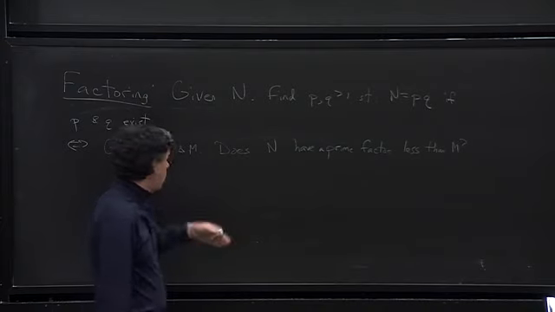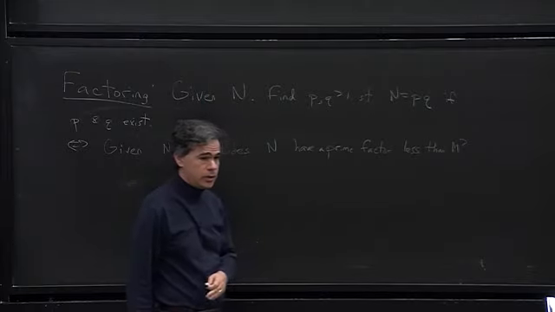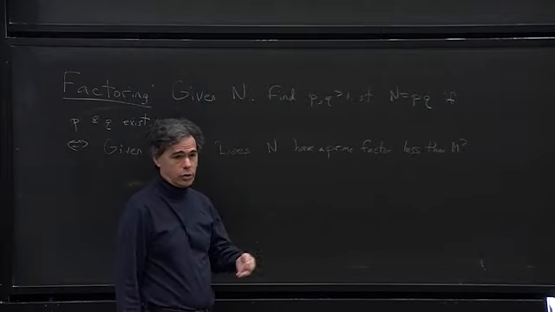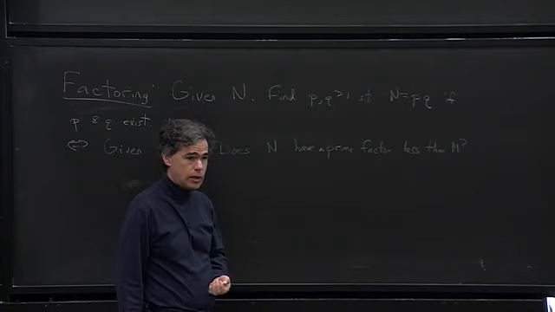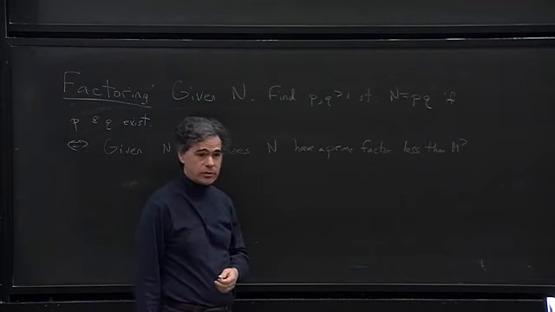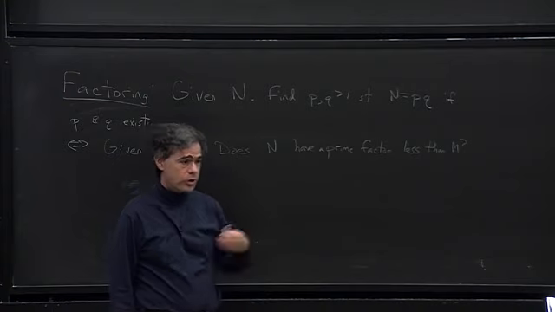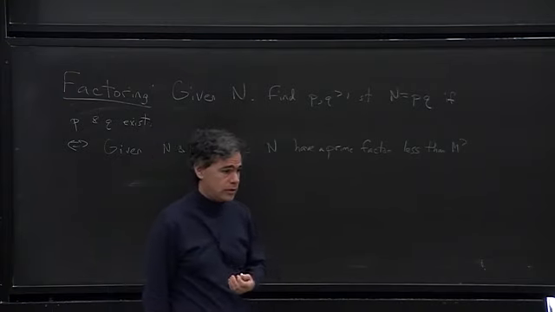Why is that? Well, first you say, OK, let M be square root of N over 2. And if it doesn't have a prime factor less than square root of N over 2, you say, OK, what about 3/4 square root of N?